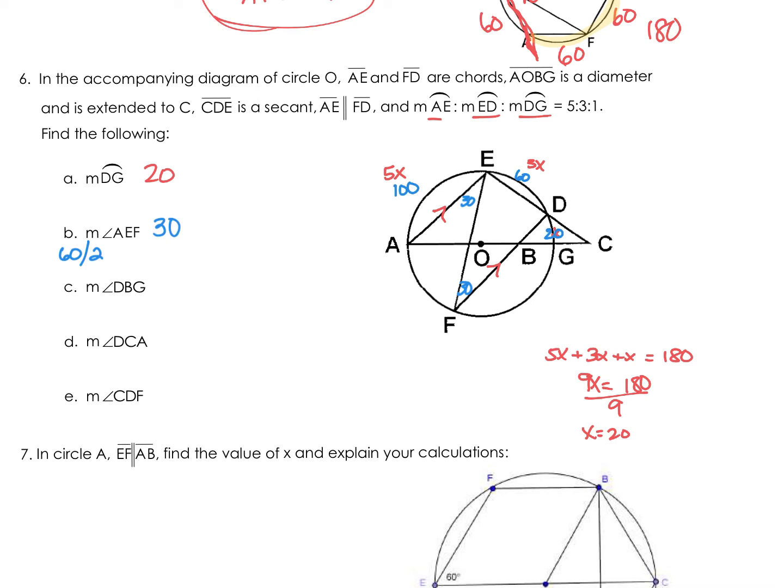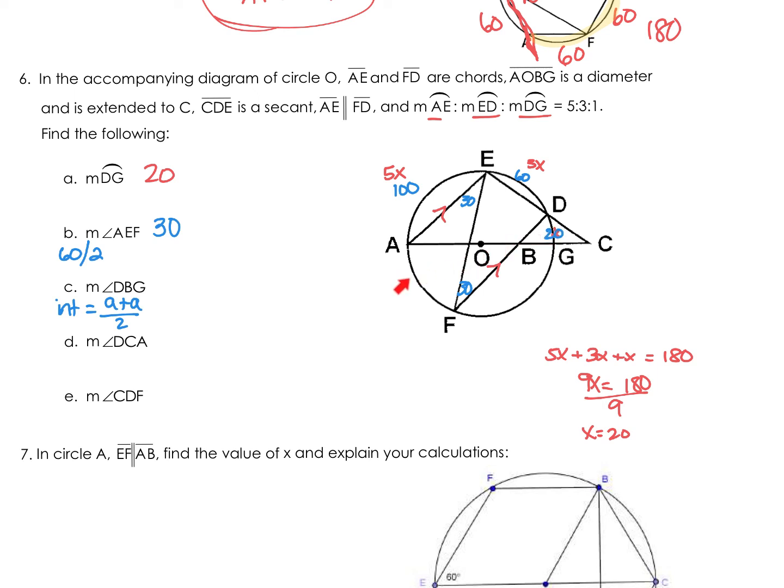Next up, angle DBG. DBG is right here. What type of angle is it? That's the question you should ask every time. Central? No. Inscribed? No. Interior? Yes. So we're going to do interior equals arc plus arc over 2. Now, which arcs are we going to use? We're going to use this one and this one.